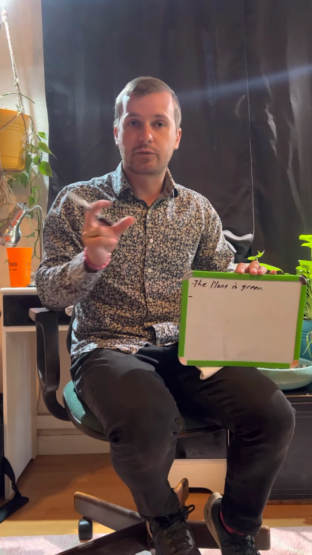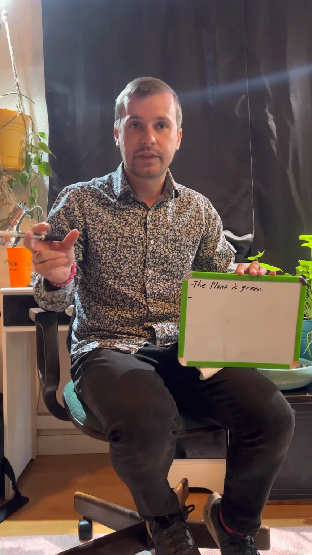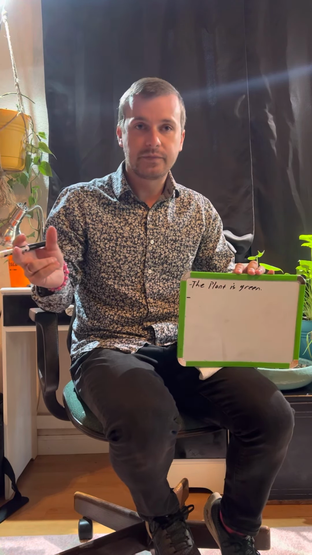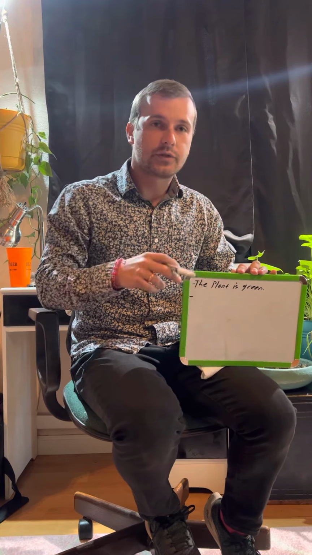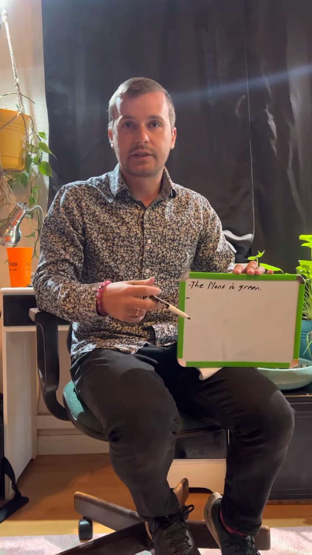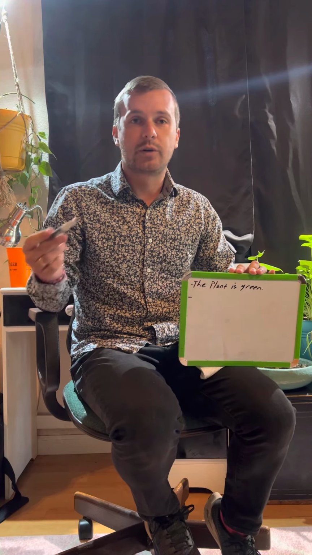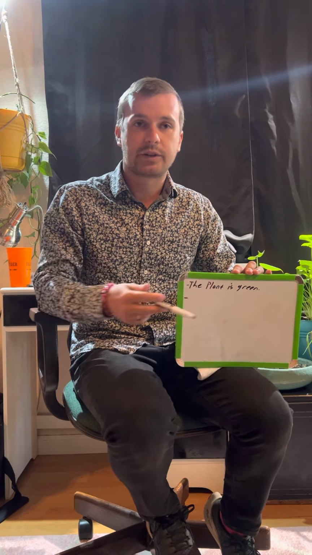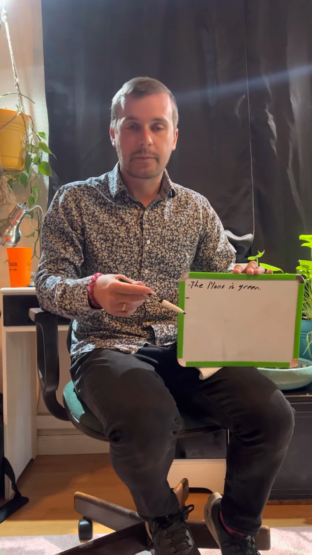So if someone is running, how are they running? Are they running slowly? Are they running quickly? That's what an adverb is. An adverb changes your verb, clarifies, and specifies what the verb is, right? Running is an easy one to think of. Running quickly, running slowly. All right.